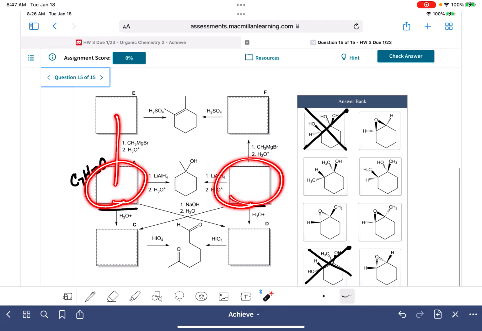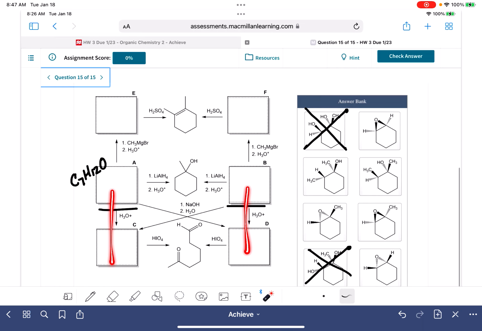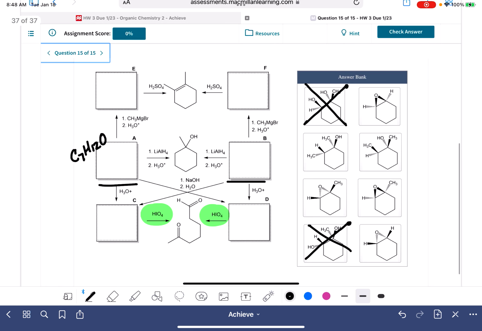You're going to do a Grignard reaction right here to give you E and F. You're going to react with H3O plus to give you this molecule here. I do want to point out this is a reagent that our textbook does not use, so it's unfamiliar to you. But you don't really need to know what this is in order to fill in C and D, because you're going to fill it in based on that reaction. But I will let you know that this reagent right here reacts with vicinal diols.